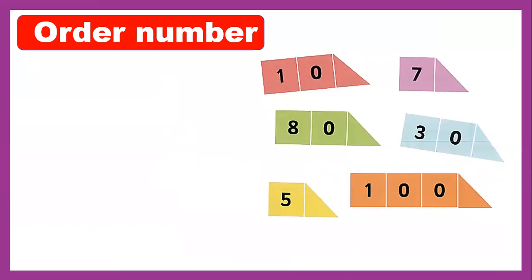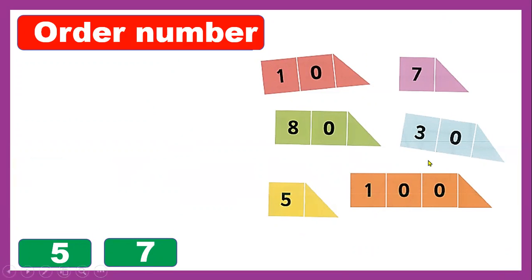You have to find out which one is small. As you can see, the 5 ones is small, it will come first. Our next number after 5 is the bigger number, 7. We have 7 ones, it will come next. So 5 and 7 are finished.